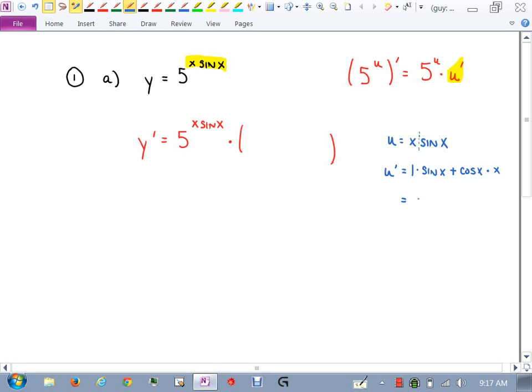I'll just clean that up. That's sine x plus x cosine x. We always like to put that x out in front of the cosine x, only because we don't want to put x next to x and people think that's x squared, right? This x is in the cosine, this one's outside. So this is a better notation. That just gets stuck right in there, and we're done.